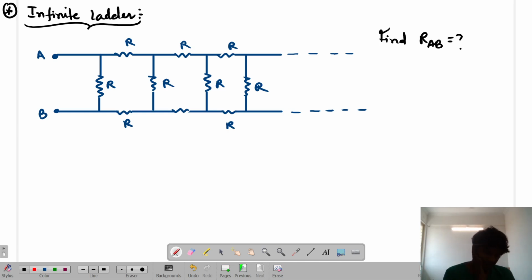How to do it? अच्छा, इसके पीछे एक कॉन्सेप्ट है.